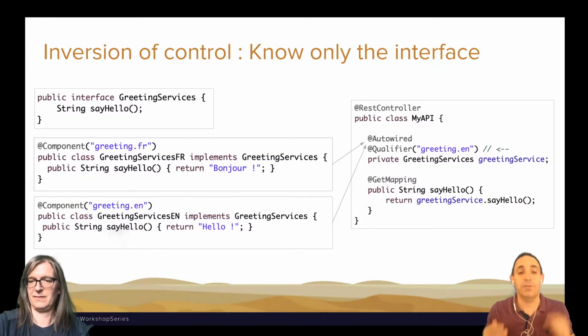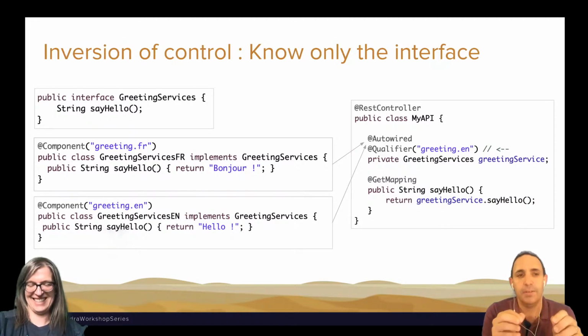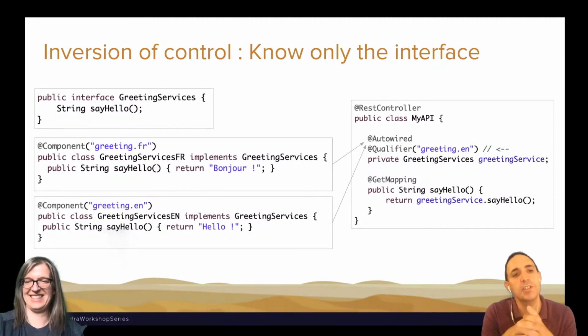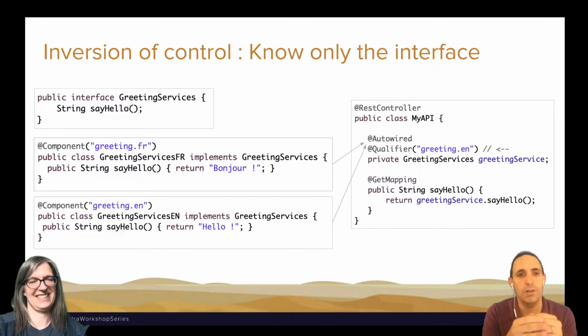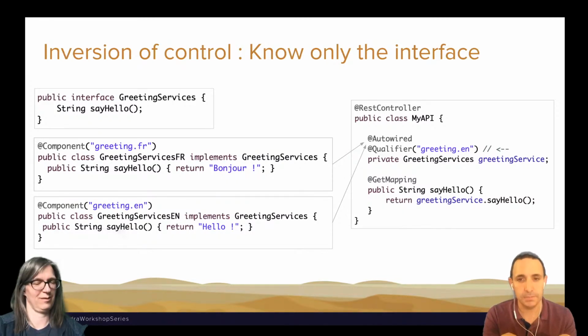Great. Okay, so even before talking about Spring, there is a concept I need to introduce, which is called inversion of control. In plain English, with a French accent, this basically means I only use the interface, and I don't care about how it is implemented, and I let a third-party tool decide which implementation will be wired to the interface.